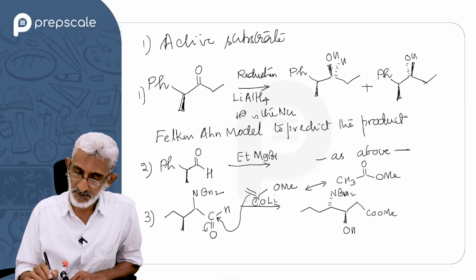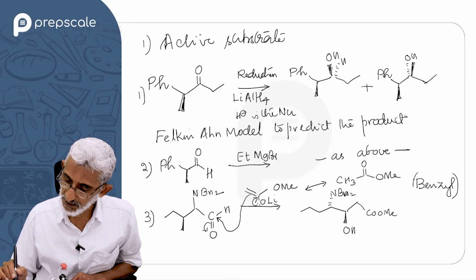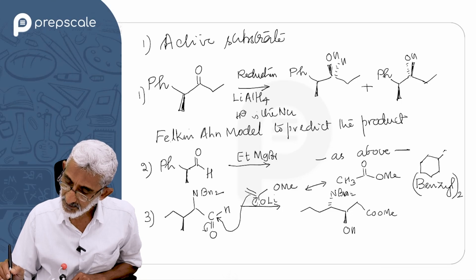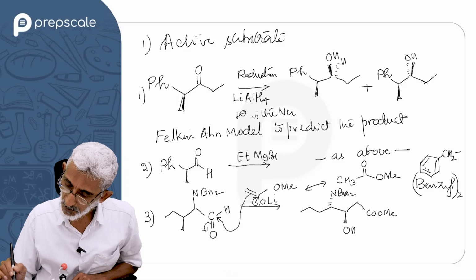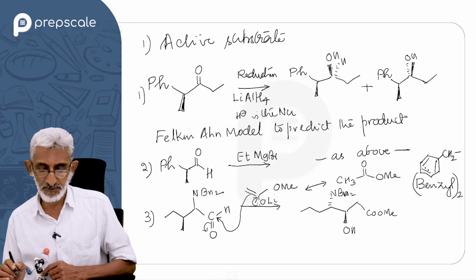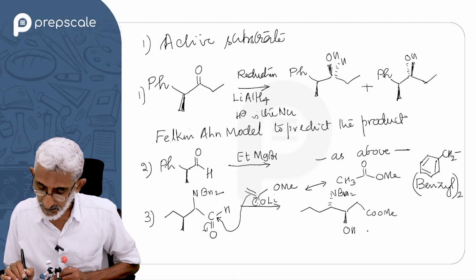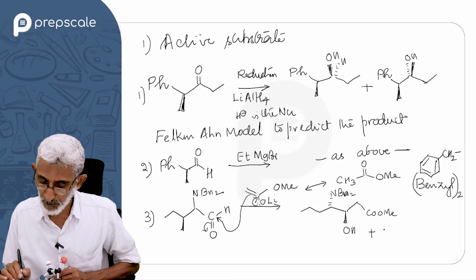Now just note down, Bn is nothing but benzyl. Bn means two benzyl groups, that is, CH2Ph groups. Some of you must have forgotten that. So these are the three reactions which we have, and we have to see. Of course, you get the enantiomer, the other diastereomer also.